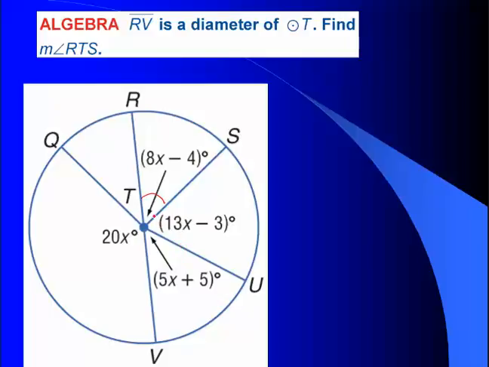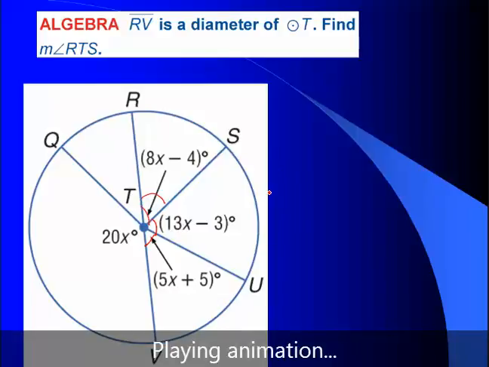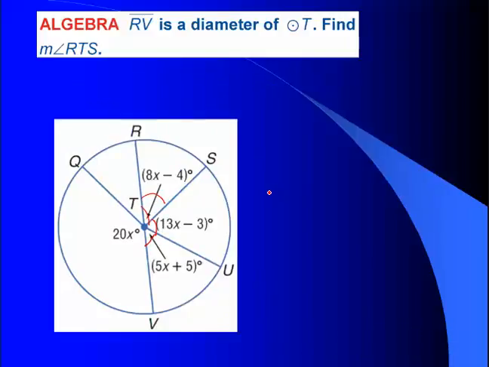Well, I see that these 3 angles right here make this semicircle. So I'm going to take those 3 angles and add them up to 180, because remember, it's a semicircle.